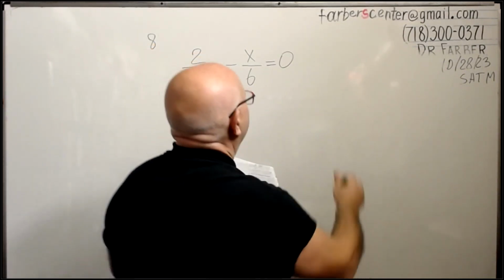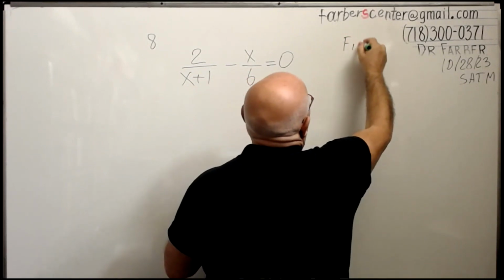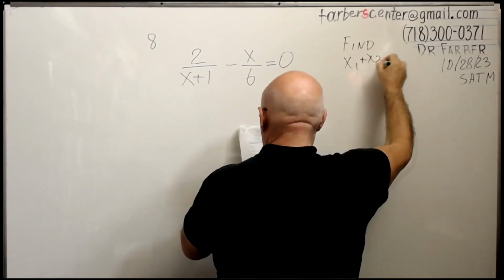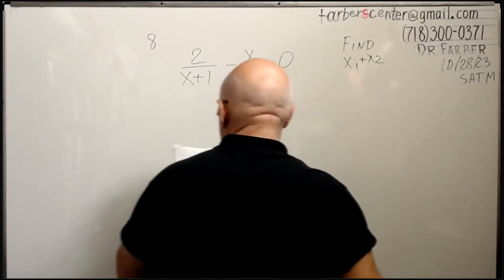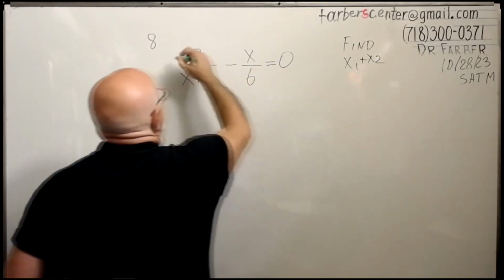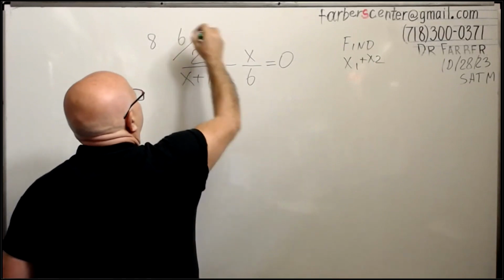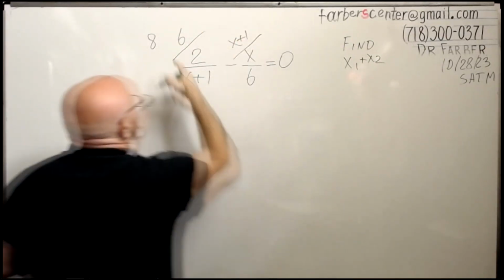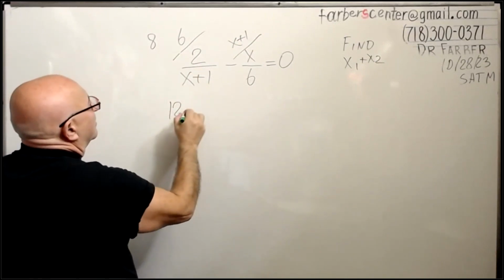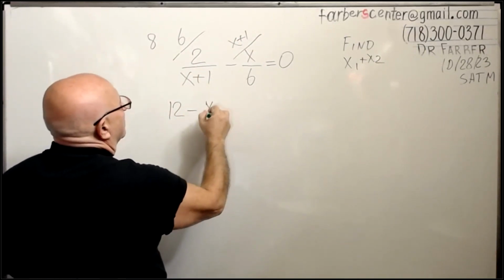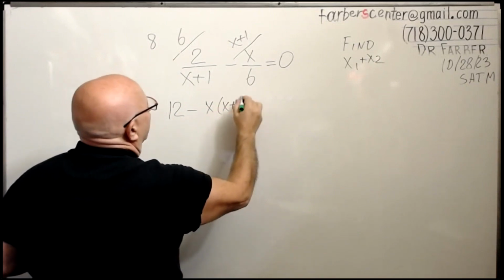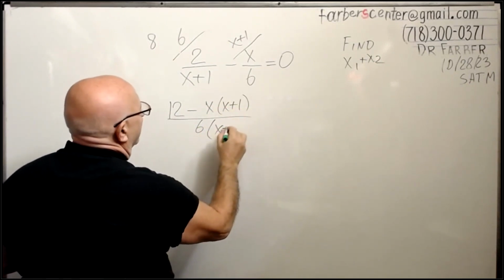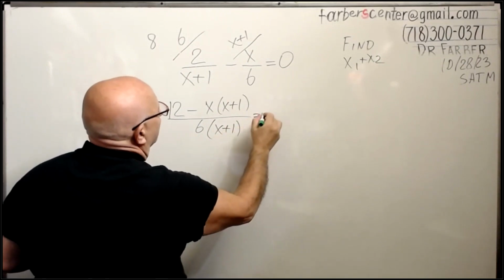And you have to find x1 plus x2. Okay. LCD, this is 6, this is x plus 1. 12 minus x times x plus 1 divided by 6 times x plus 1 equals 0.